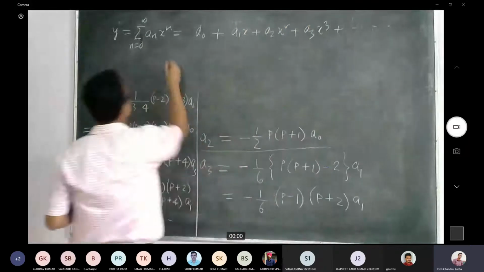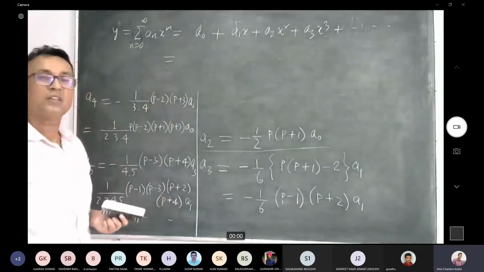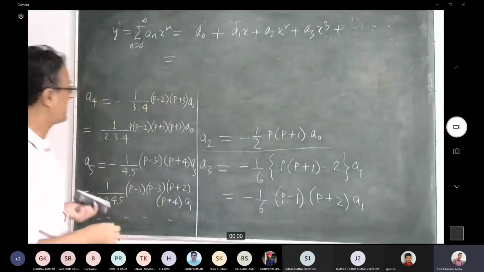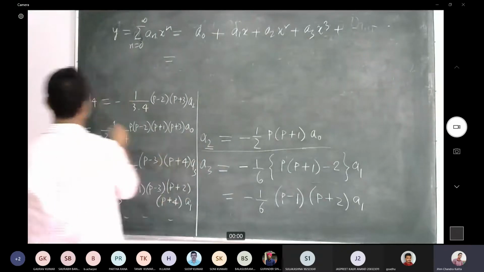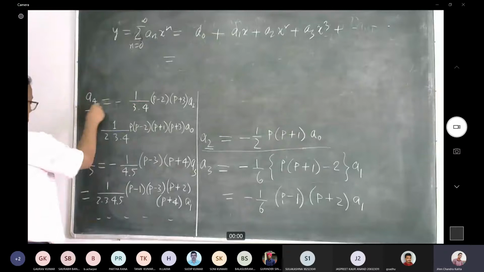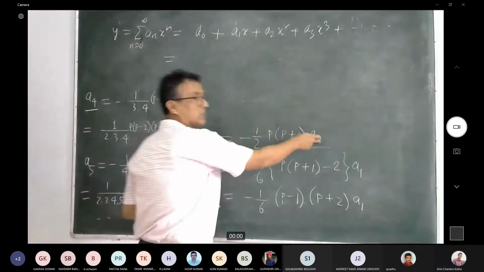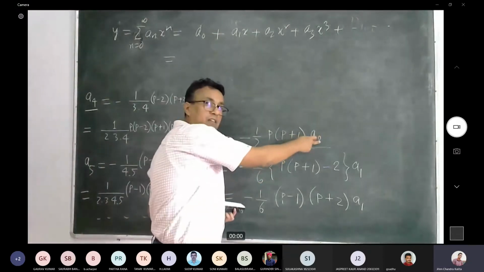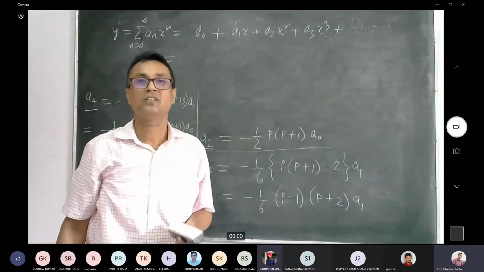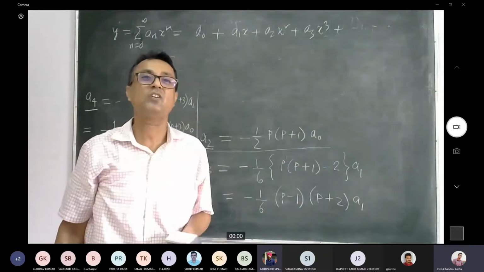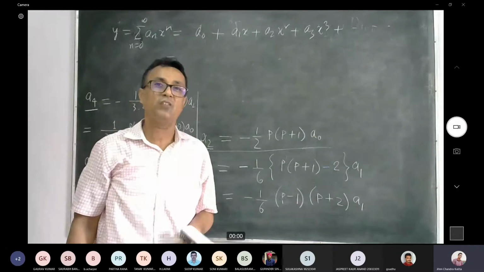So what I can do, because see what is happening here. Now you are getting all the even terms as a function of a naught, isn't it? As a function of a naught, some multiple of a naught, right?